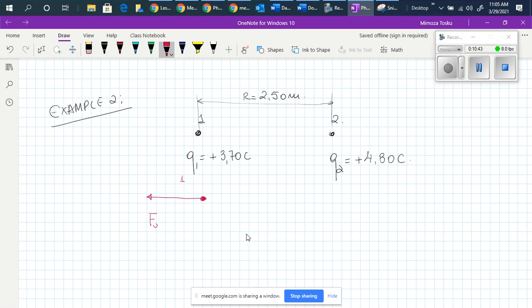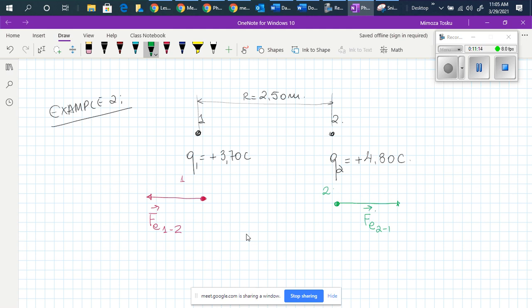So this will be the electrostatic force that charge 1 is experiencing as a result of the presence of charge 2. And when we draw the free body diagram of object 2, we see the electrostatic force that charge 2 is experiencing as a result of the presence of charge 1, and that will be repulsion, because they are the same charges, same nature of the charge.